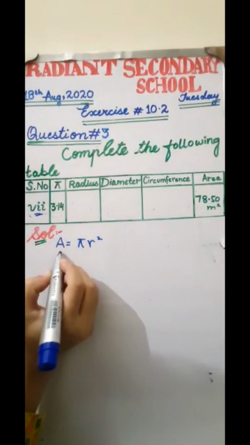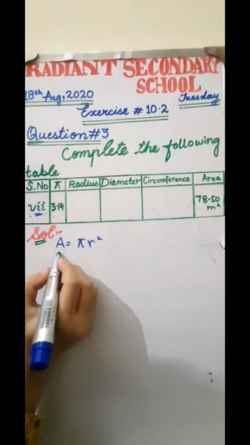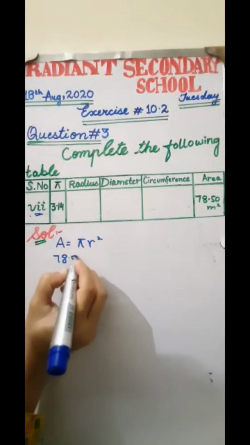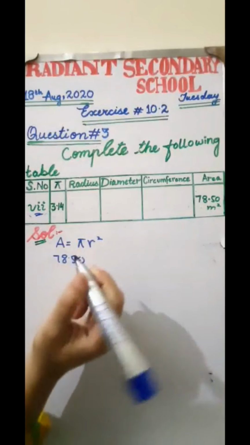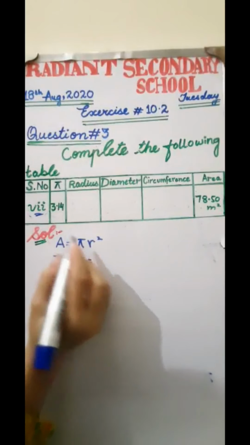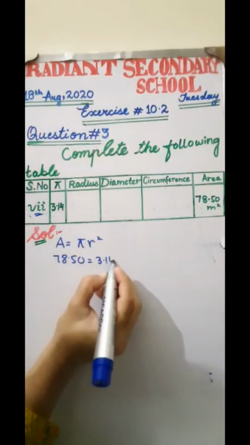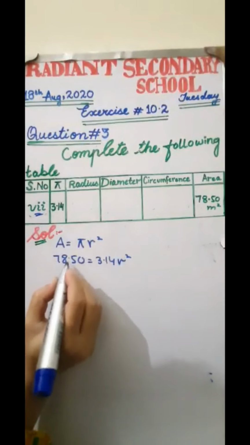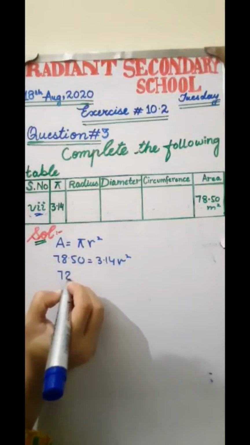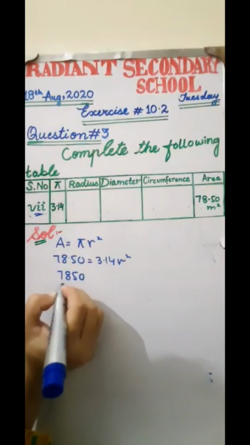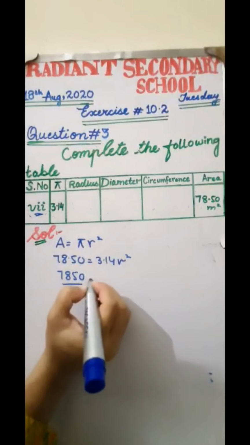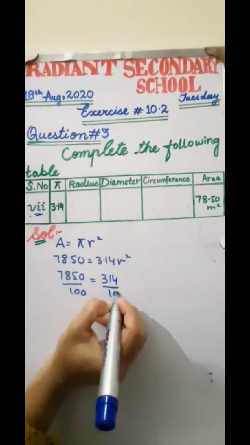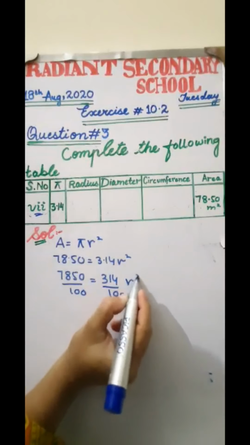Now on the place of area, you can write 78.50 because in the question the value of pi is given as 3.14, r square is as it is. Now remove this decimal point, it will become 7850 over 100 is equals to, again remove this decimal, 314 over 100 is r square.